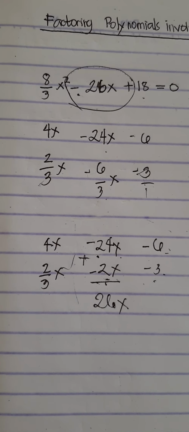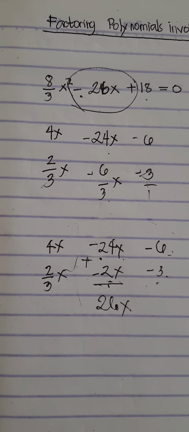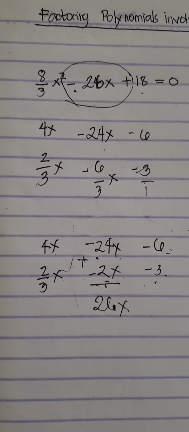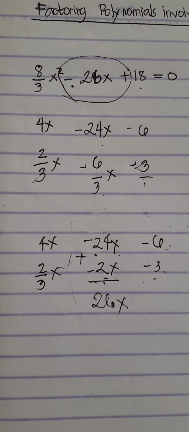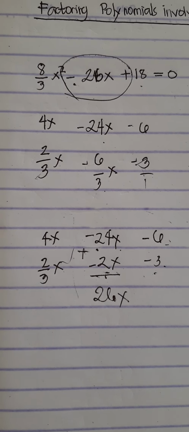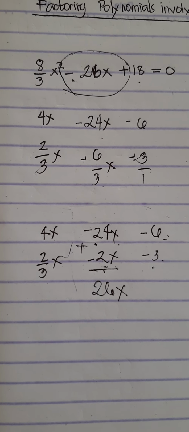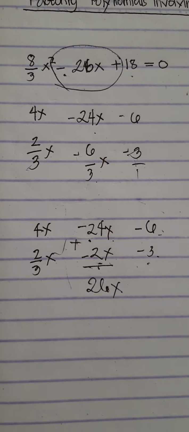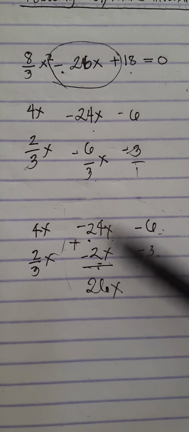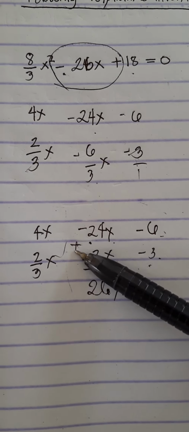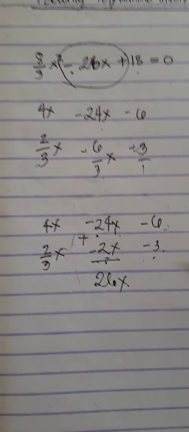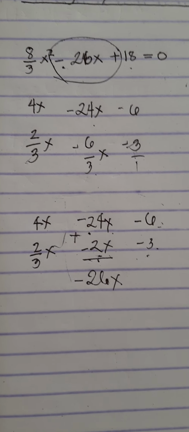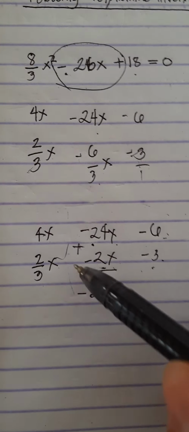If they're not the same in sign, all you need to do is just subtract the numbers and copy the sign of the biggest number. Is it clear? Very good. So here we have the same signs. Negative 24x plus negative 2x is equal to negative 26x.